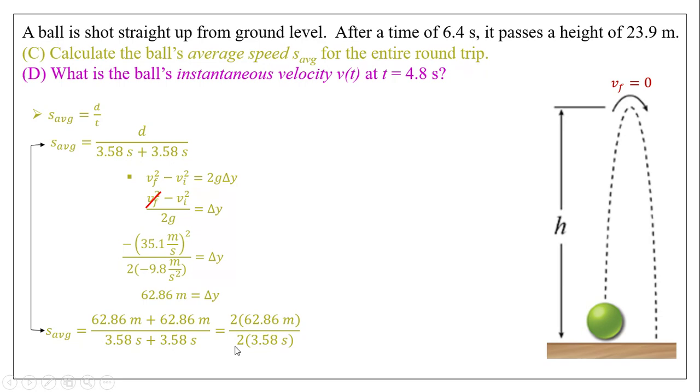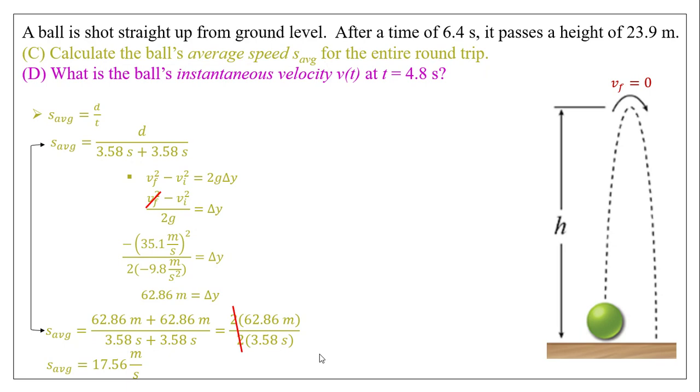The other way to write it is just 2 times 3.58. So if you've recognized it, the speed for the round trip is the same as just the speed going up, because the 2 in the numerator and the denominator cancels out. So therefore, the average speed for the entire trip is just 17.56, which is the same as the average speed for a single way.